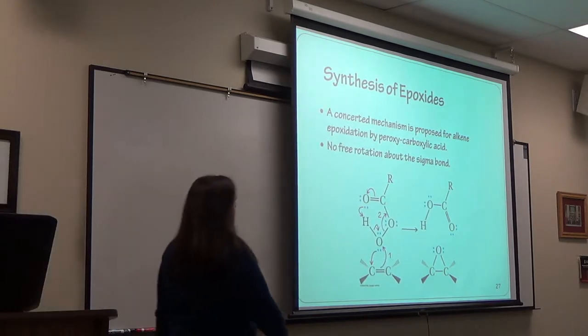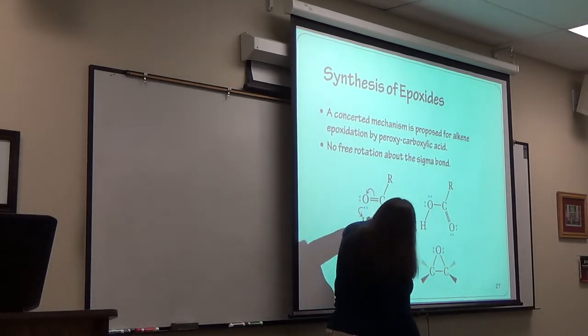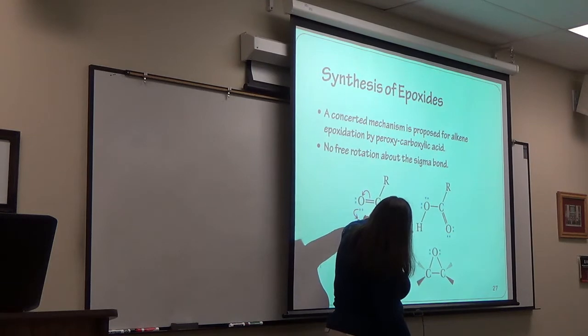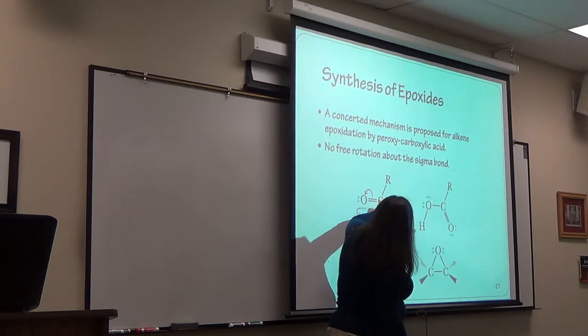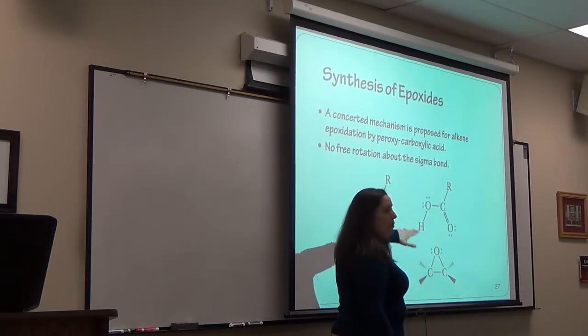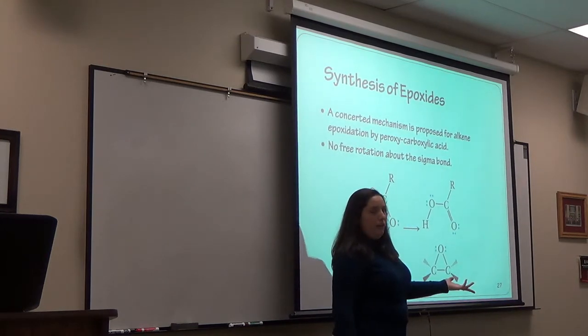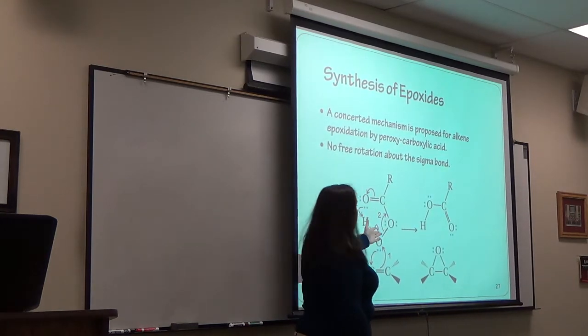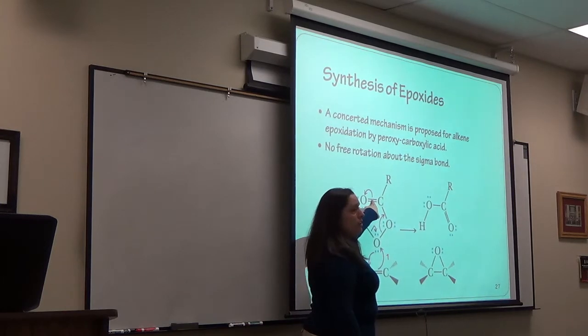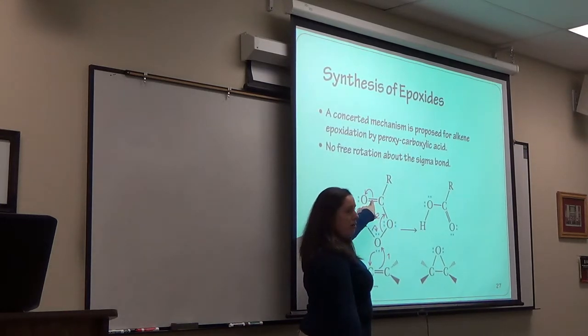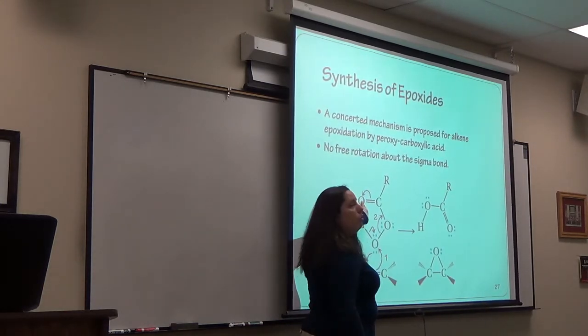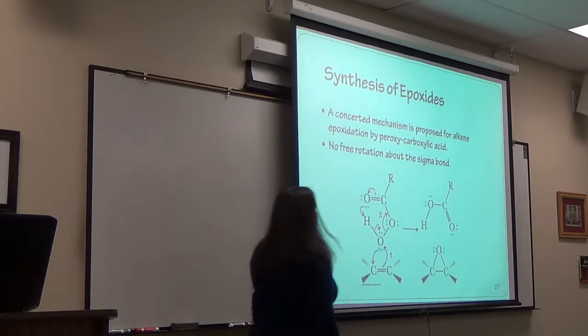If this is now a double bond, it has 1, 2, 3, 4, 5, right? So again, a bond has to break. So which bond should I break? Remember, the pi bonds are much easier to break than a sigma bond, so the pi bond will break. Does that make sense? So that would be 3.